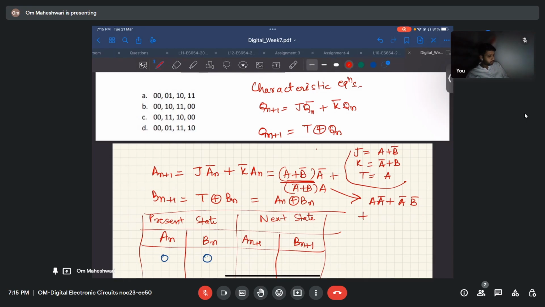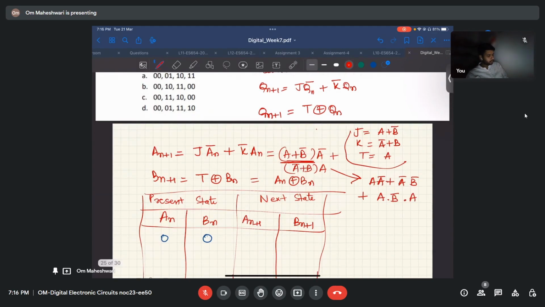Plus a dot b bar will be 0. a bar b bar plus a b bar plus b bar a plus a bar is b bar.